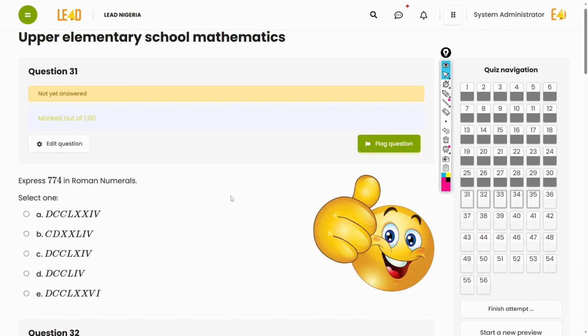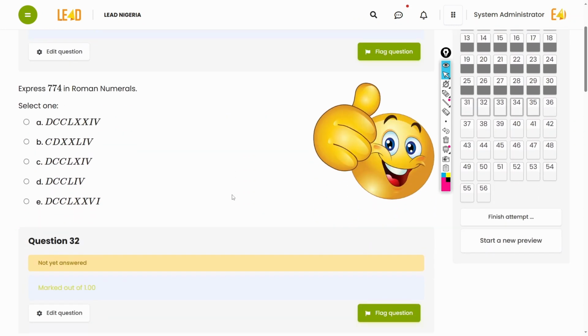Question 31 says, express 774 in Roman numerals.